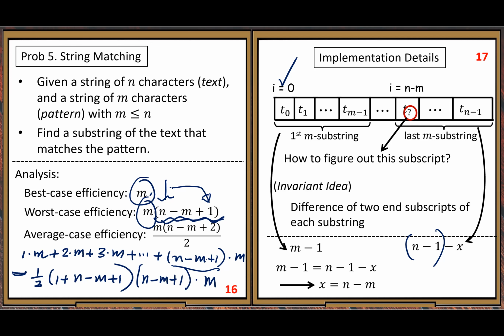We need to divide by the number of substrings, so when you do the division, this cancels out. You have m times (n minus m plus 2) over 2 left. If you want to work from the definition, you can do it this way. Still, that plus 2. So we finish the string matching problem.